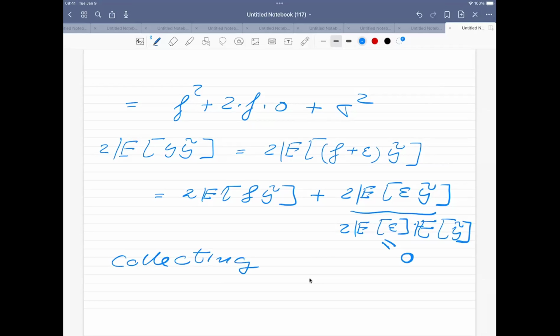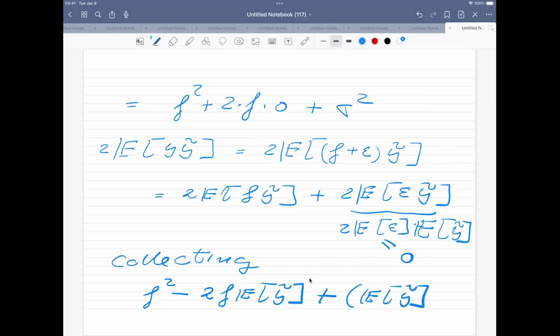So we are going to have f squared minus 2 times f times the expectation value of y tilde, plus the expectation value of y tilde squared, I'm just collecting all the terms we put up, plus this variance of y tilde, that's the variance of the model itself, plus sigma squared.